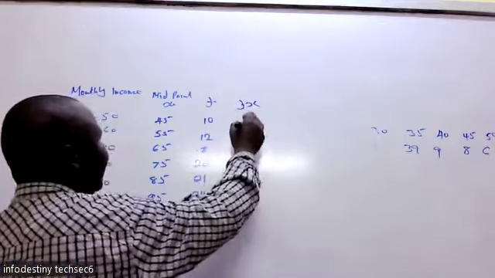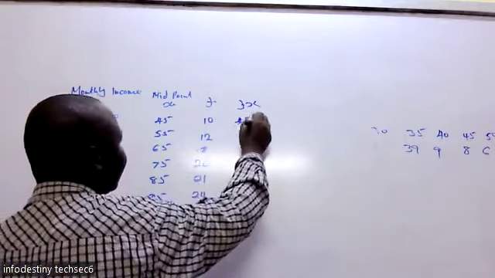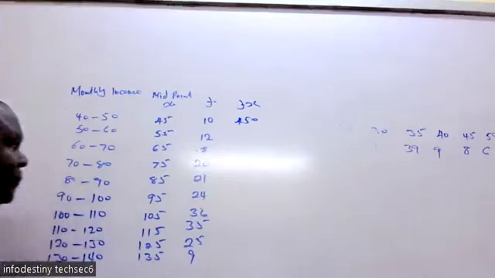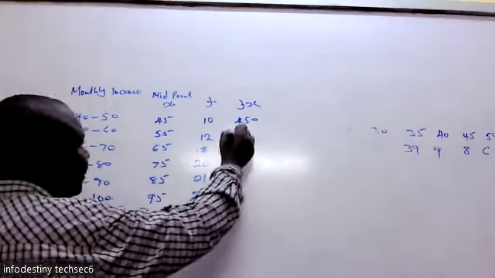Fx by multiplying. This is for 450. The second one, 660.